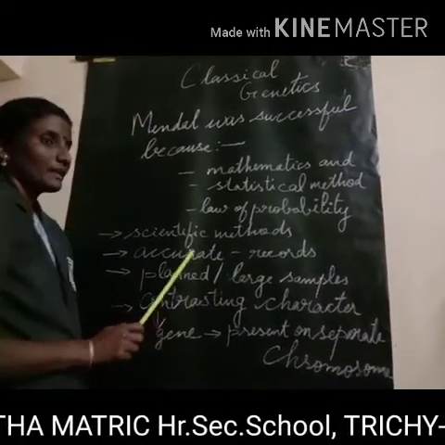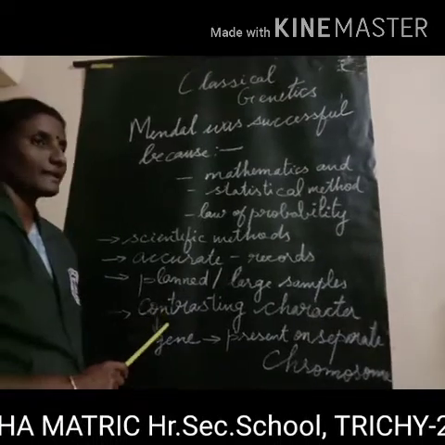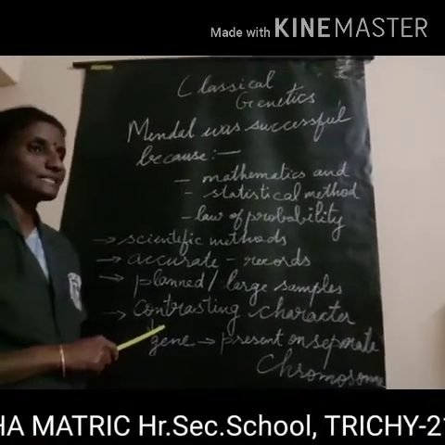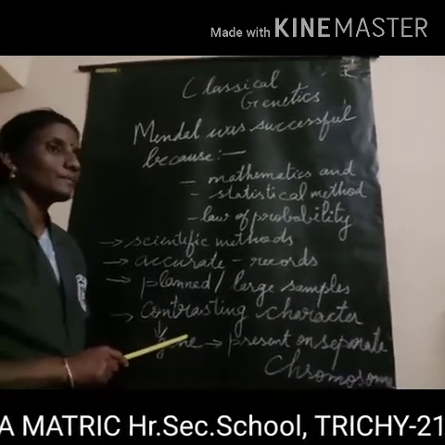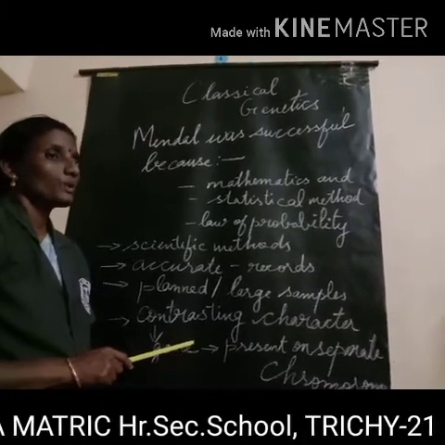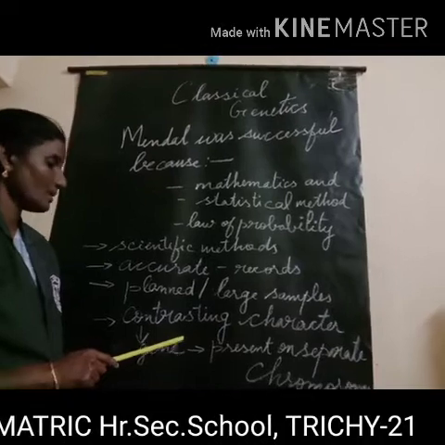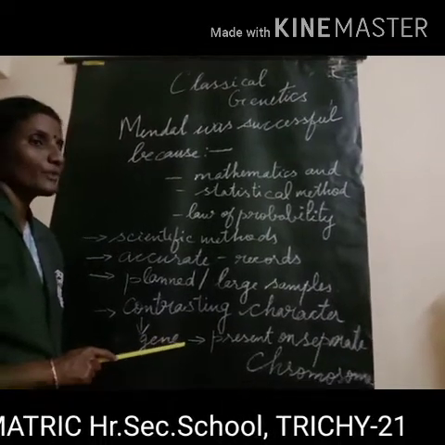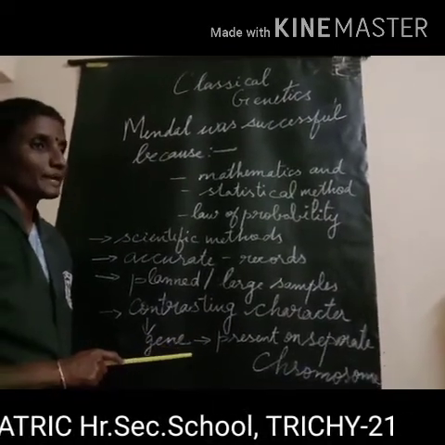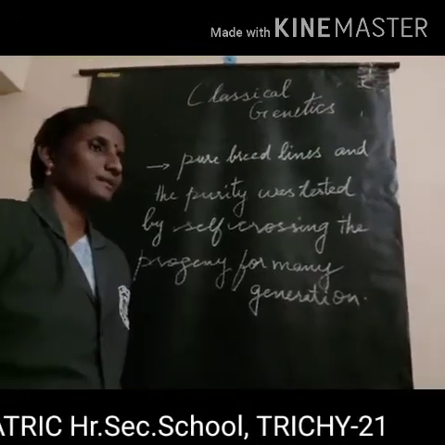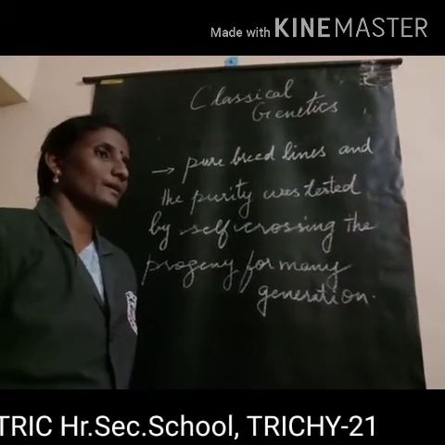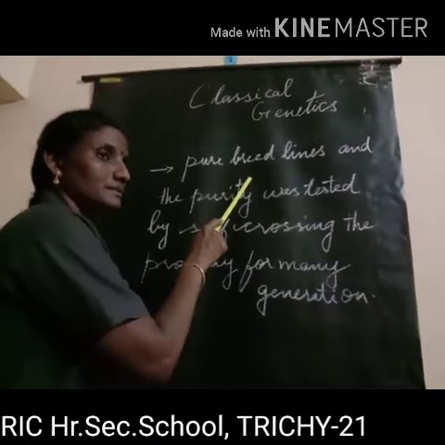The next one, the pair of contrasting characters, which were controlled by the factor. Factor means genes, which were present on separate chromosomes. So it was easy for him to do his experiment. The parents selected by Mendel were pure breed lines.